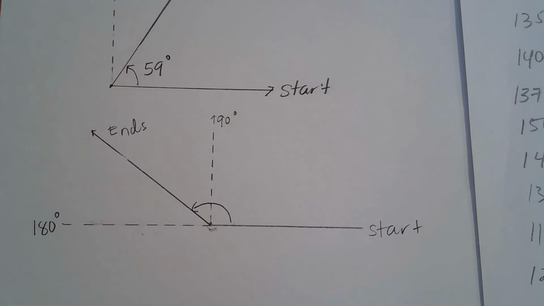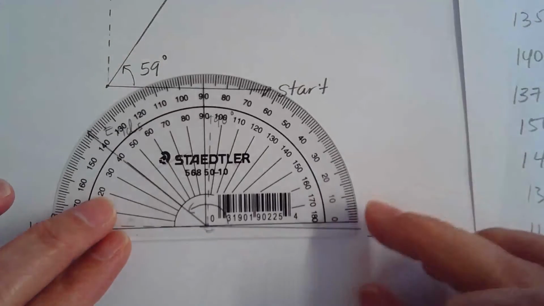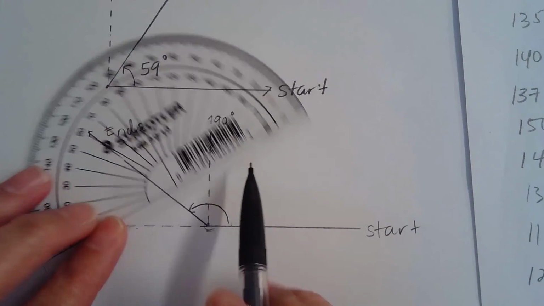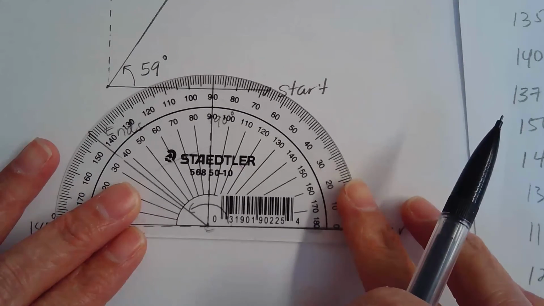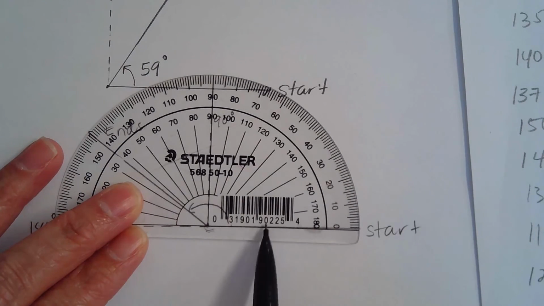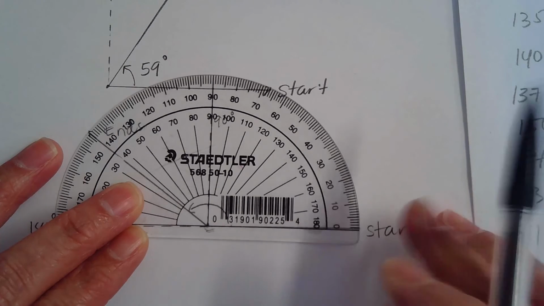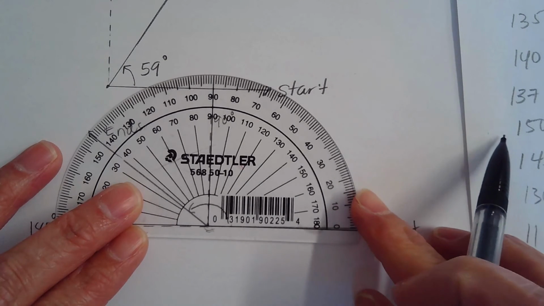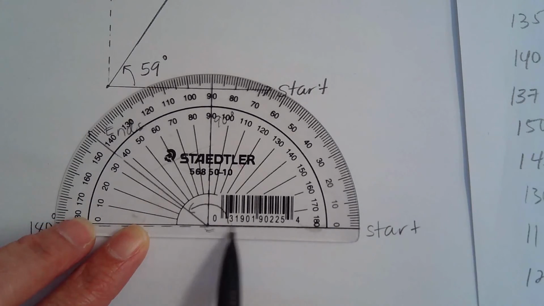Okay, so let's make this. We have to line up the 0 line at the starting arm. The pivot is there. Oh, you're already seeing the number. Okay, there you go. Can you see the number? Starting there.